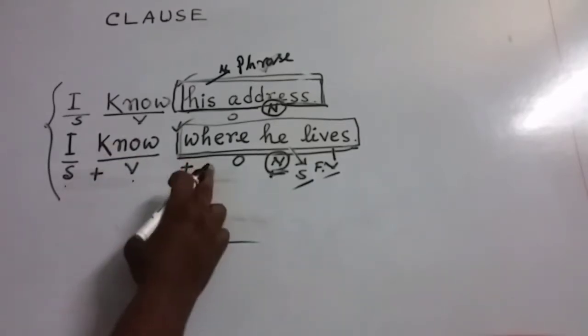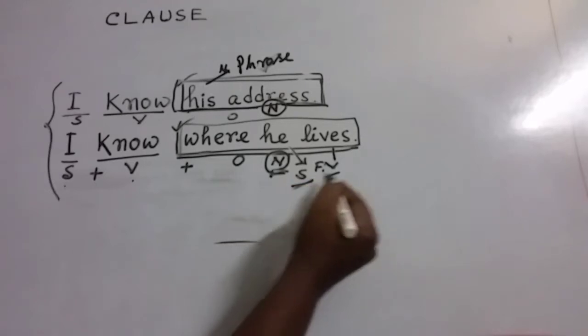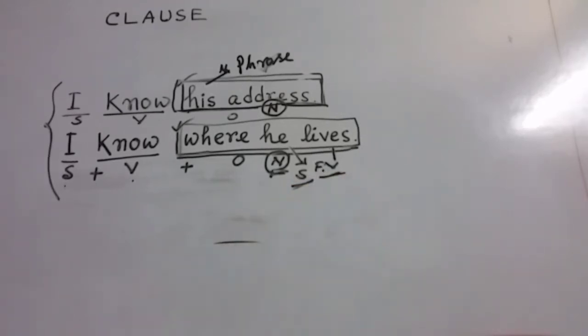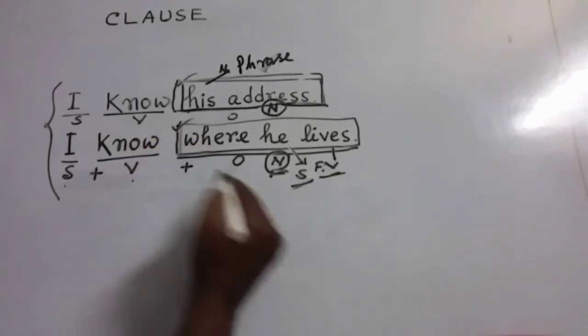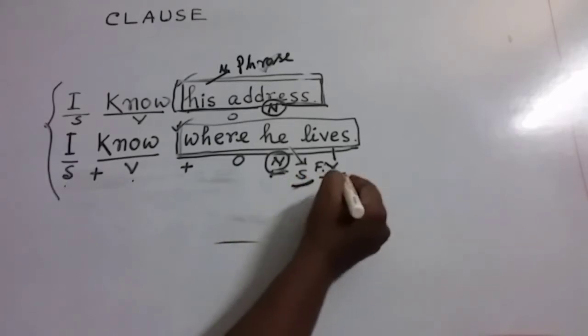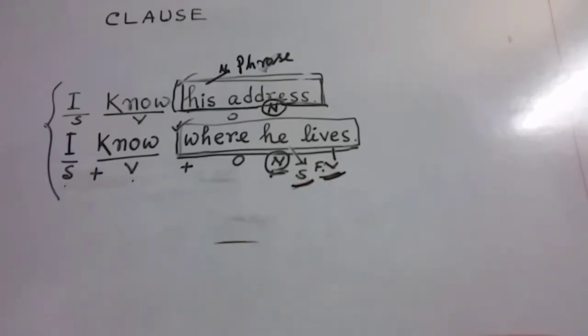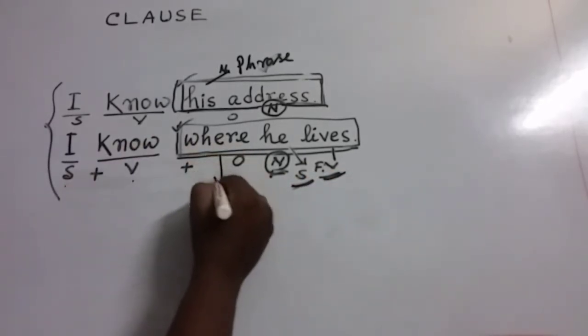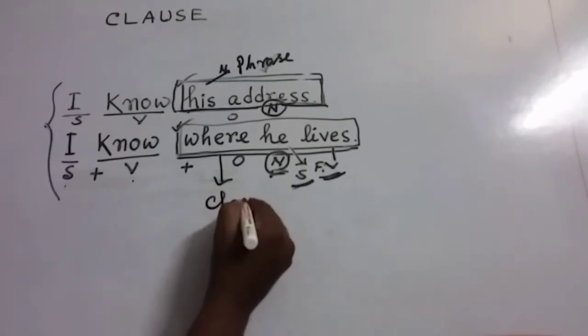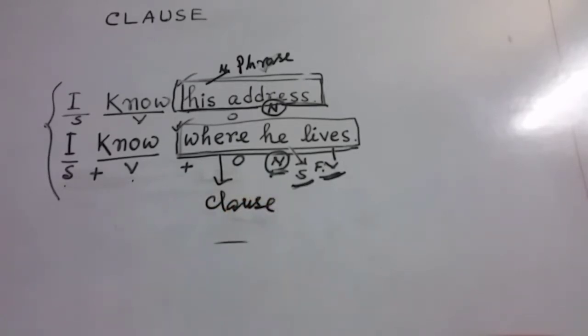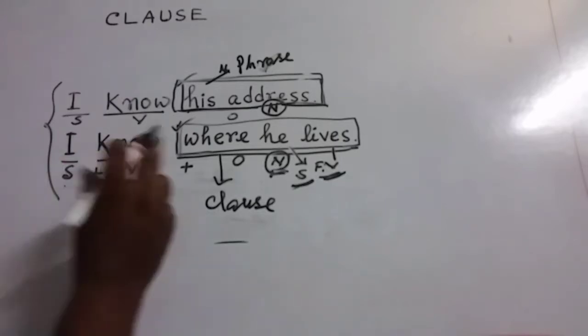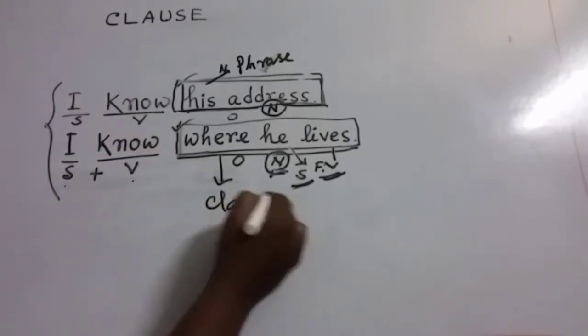My dear friends, here you can see there are the subjects and the finite verb. So in this group of words, there is the existence of a subject and a finite verb. So this group of words is called a clause. Now my dear friends, this clause, today we will focus on this part.